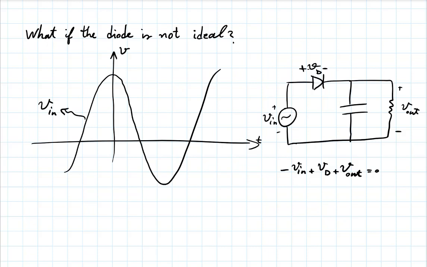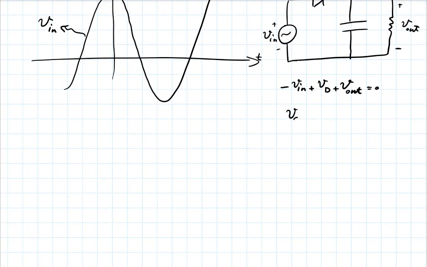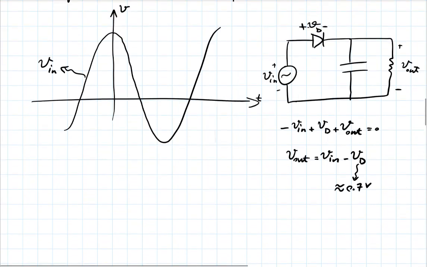So if the diode requires 0.7 volts, you see that Vin minus Vout has to be 0.7 volts. And that's what you see. Vout is Vin minus Vd. So this could be approximately 0.7 volts. And so your Vout then would not follow Vin, but it would be 0.7 volts below it. So it would be more like this.